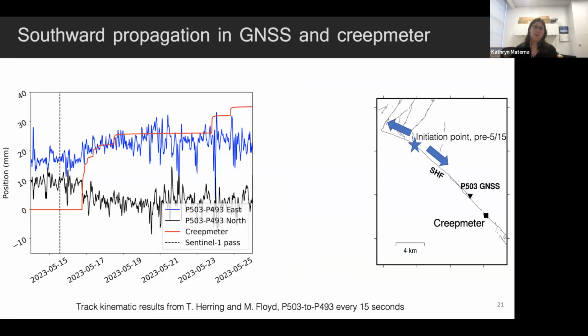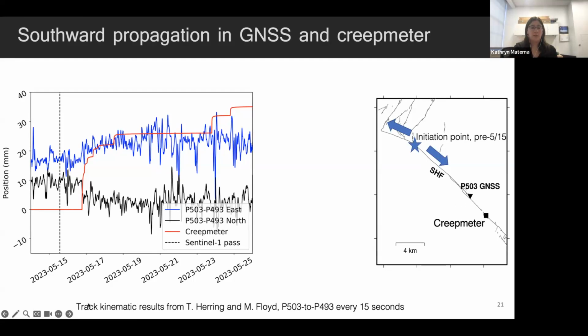So on the topic of propagation, which I think is something exciting that can be pulled out of this data set, we know that the GNSS station is located somewhere intermediate between the initiation point of the creep event and the creep meter.